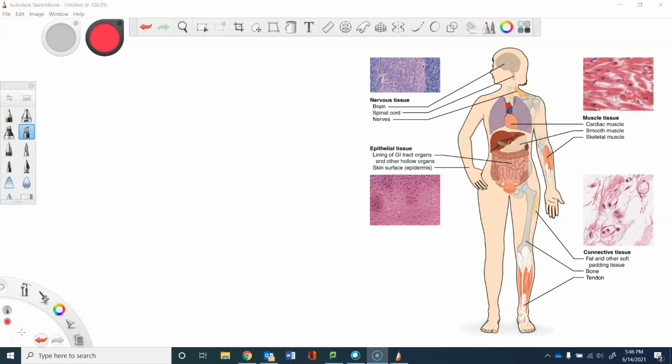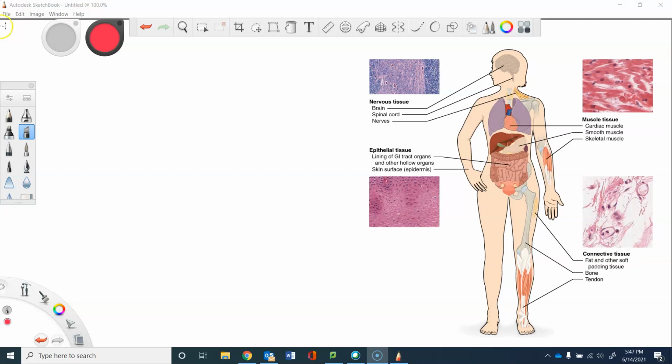All right, now that we have finished talking about cells in Chapter 3, we're moving on to Chapter 4, which is tissues. So tissues, basically histology, is the study of tissues.